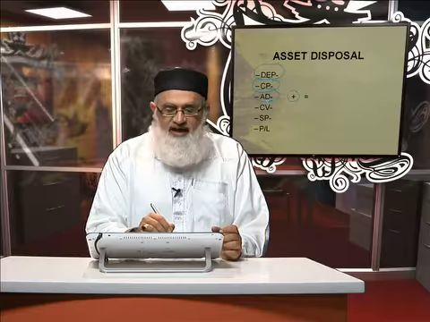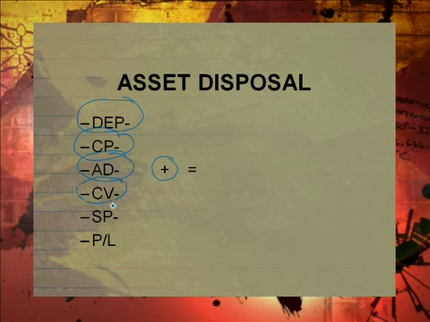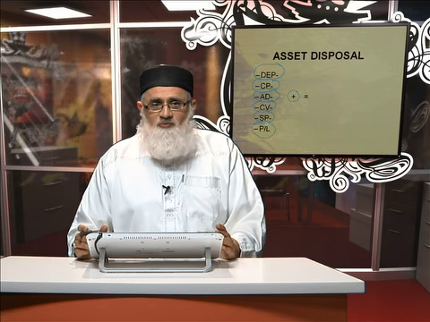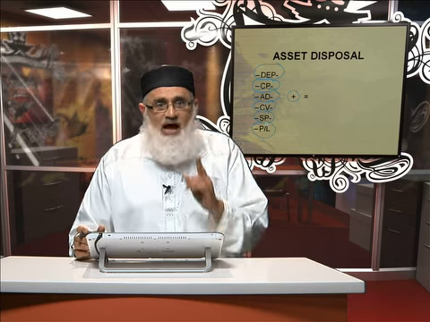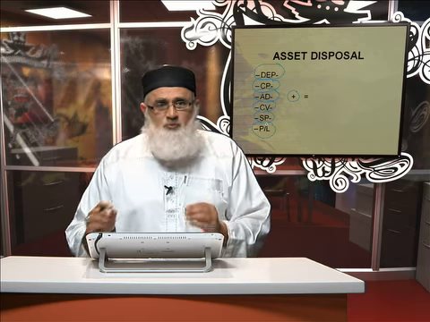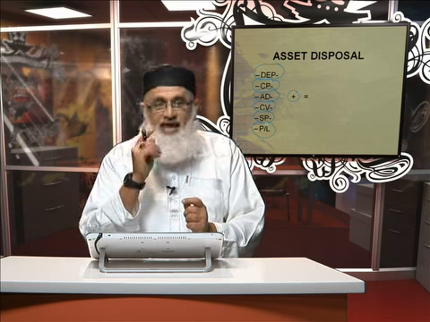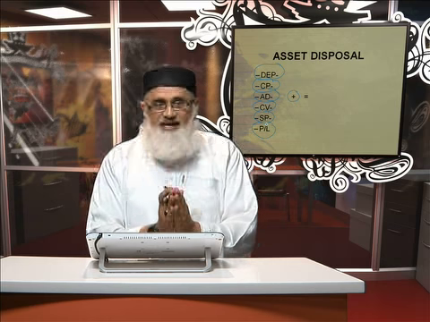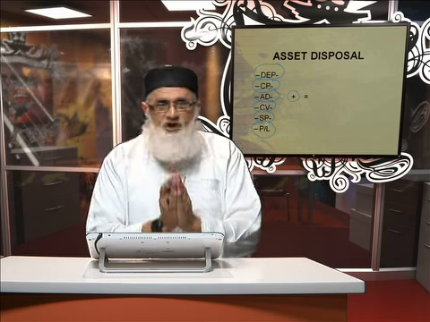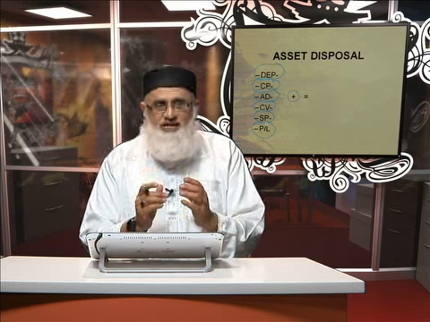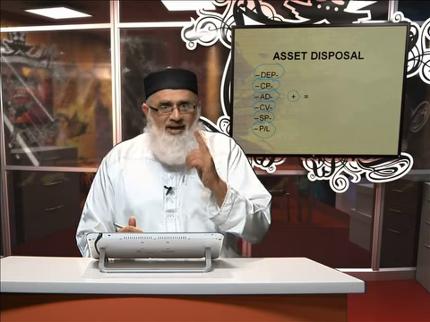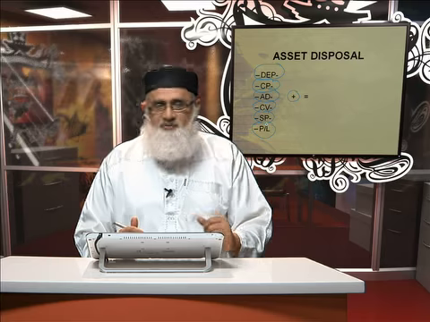Put in the carrying value, the selling price, and then finally, the profit or loss on sale of asset. Now, remember something. I will prove to you that without making a single accounting entry, you will be able to determine exactly whether you have made a profit or a loss on sale of asset. But let's see what we're going to be doing now.